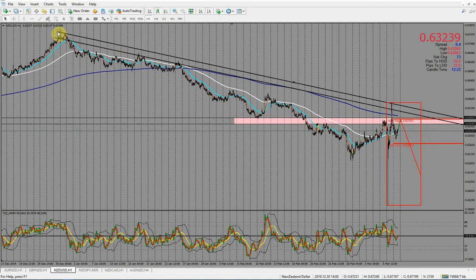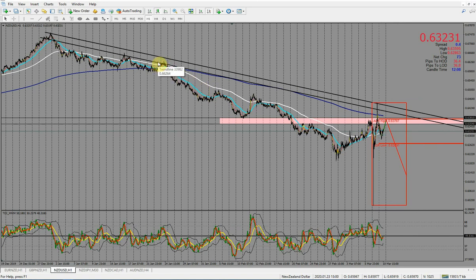What makes a trend line? A trend line is made out of connecting multiple points. For instance, I could say this one, two. For me, if I have one, two connecting points, I can draw a trend line right there. And then I mostly zone out my trend line so that I have an area, not just one line.